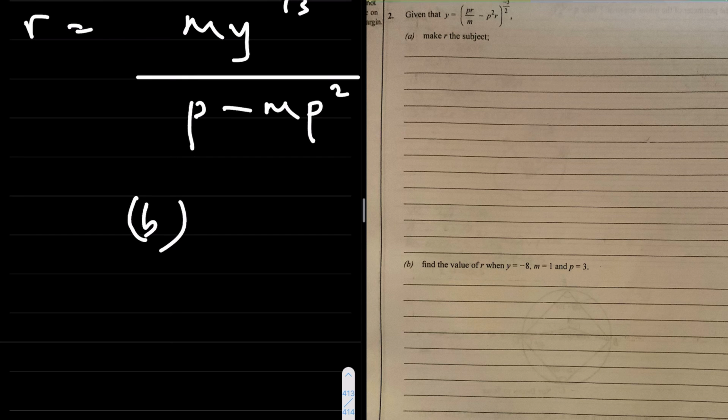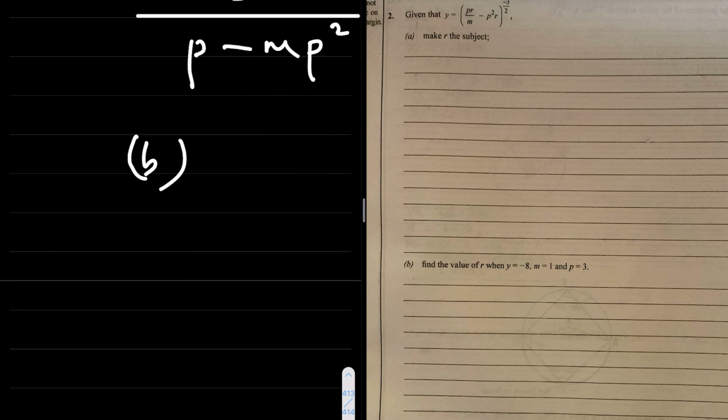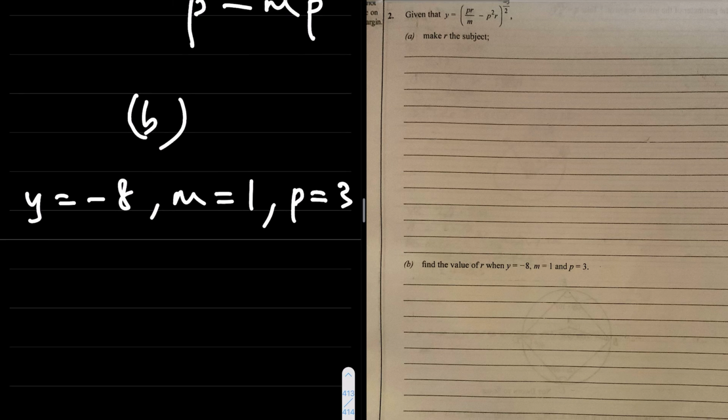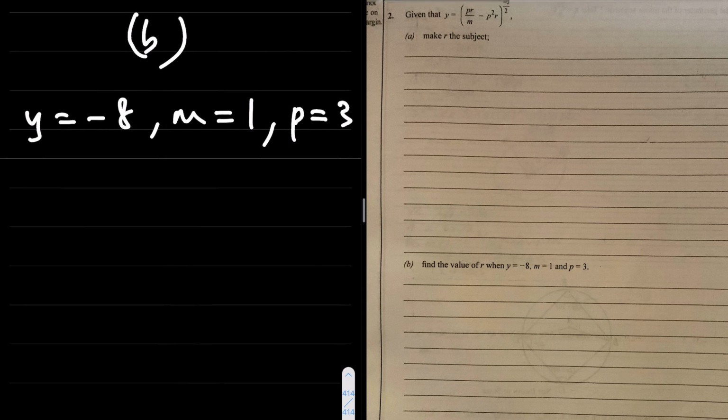Now b, what's question b? Find r when y equals minus 8. When y equals minus 8, m equals 1, and P equals 3. How do we find R?